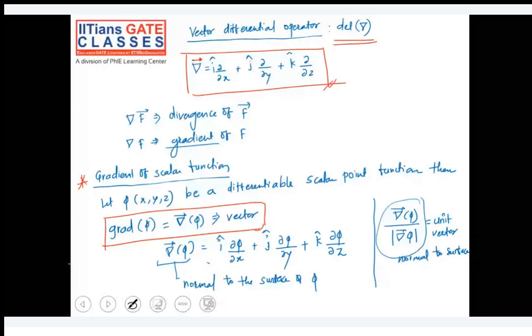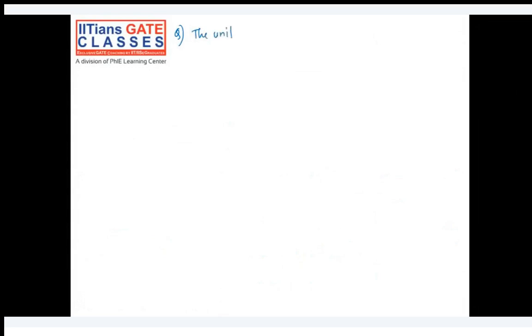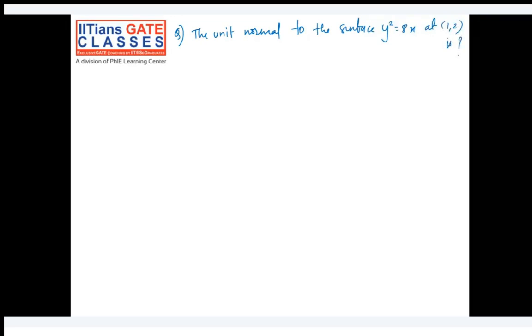Take this question: find the unit normal vector to the surface y square equals 8x at the point (1, 2).